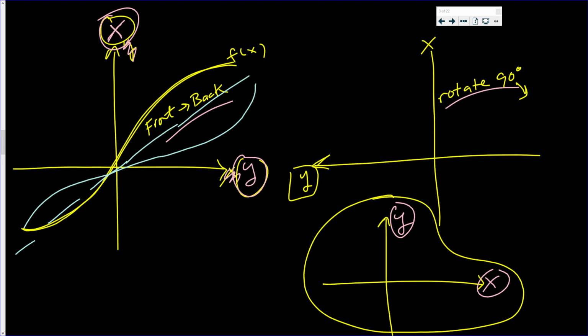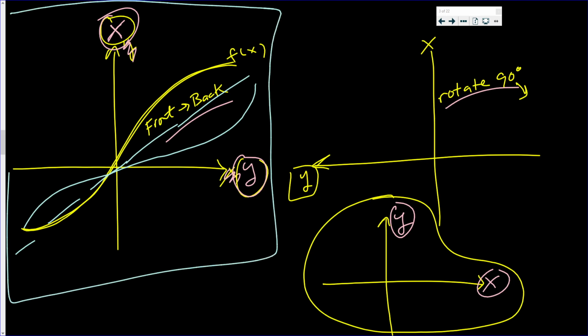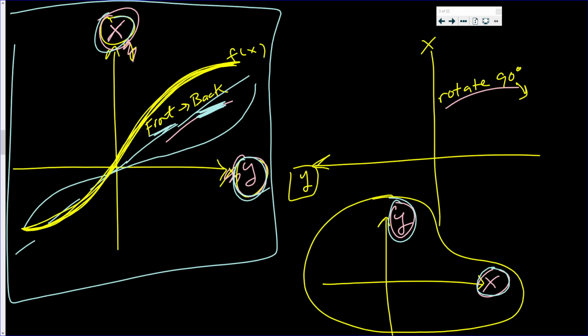So this is your sheet of paper. Normally you had X here and Y here. Cross them out. Write X and Y like I have it. And then maneuver the paper in such a way where the pink X is down here and the pink Y is there, and whatever you see, again, since you're at the back and you drew on the front, you're going to have to look through the page. You're going to have to draw this so you can see it on the back when you look from the back.